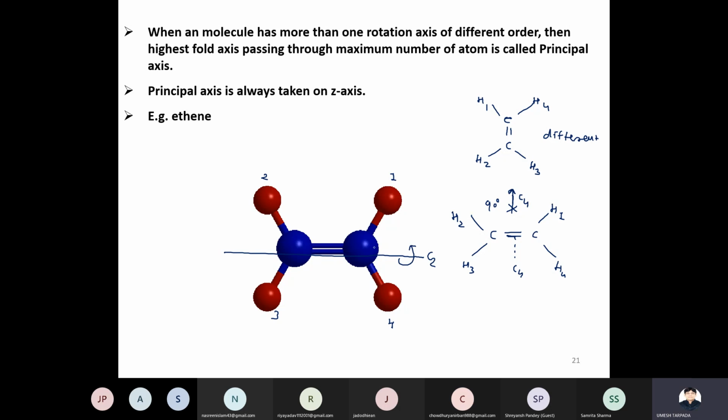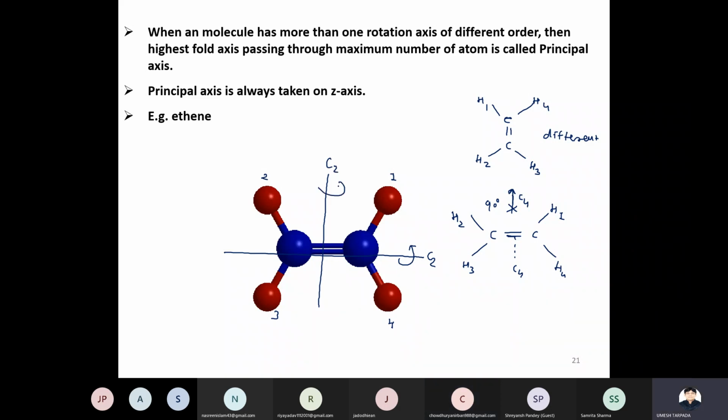Atom 1 goes to which position? If you rotate about this axis, which two atoms can change their position? 1 and 4. Yes, good. 1 and 4, and 2 and 3. Yes, very good. What about this C2 axis?